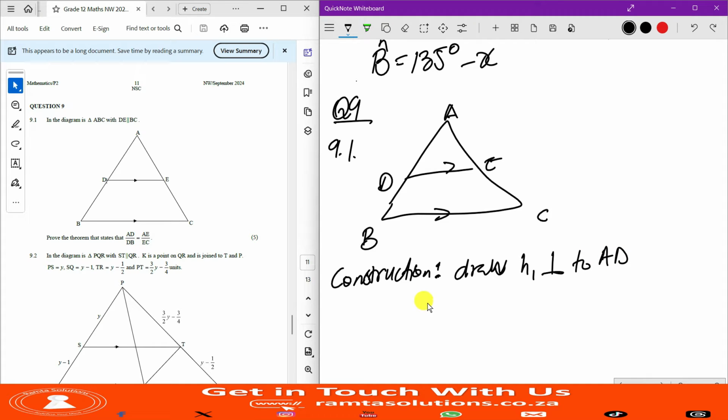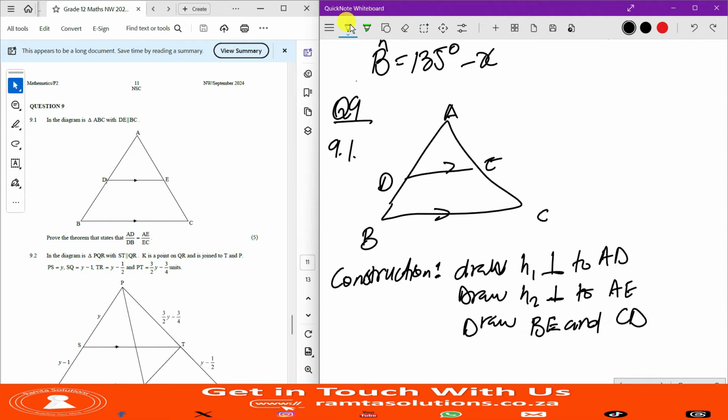Then draw H2 perpendicular to AE. Then draw BE and CD.